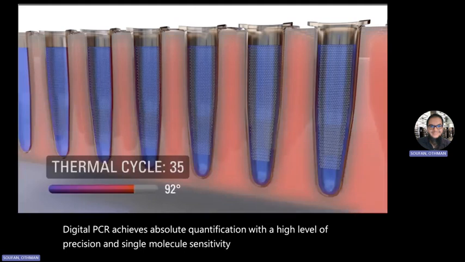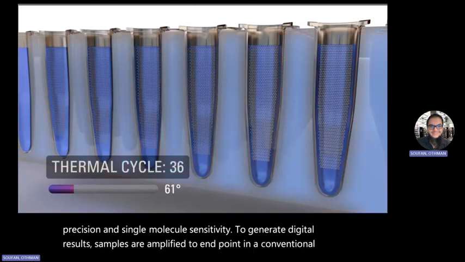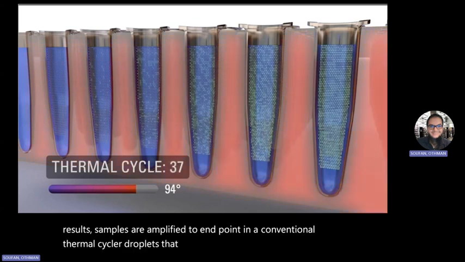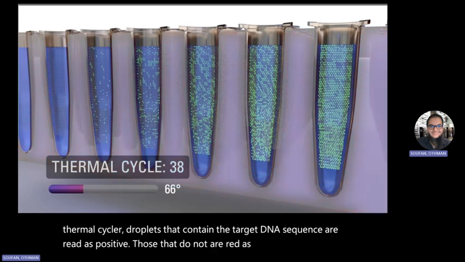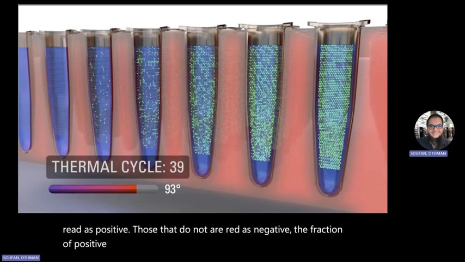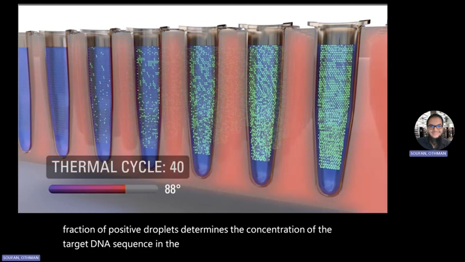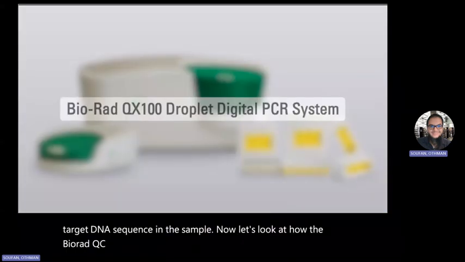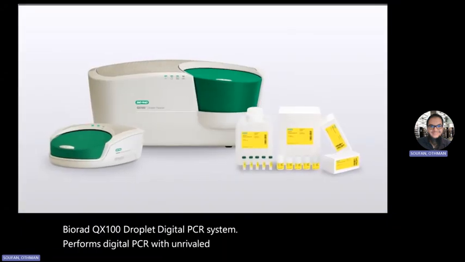To generate digital results, samples are amplified to endpoint in a conventional thermal cycler. Droplets that contain the target DNA sequence are read as positive. Those that do not are read as negative. The fraction of positive droplets determines the concentration of the target DNA sequence in the sample. Now let's look at how the Bio-Rad QX100 droplet digital PCR system performs digital PCR with unrivaled precision and sensitivity.